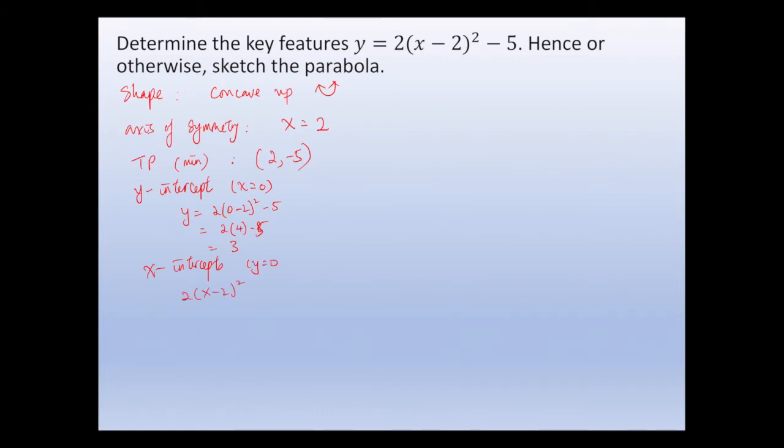This is when y equals 0. So 2(x minus 2) all squared minus 5 equals 0. 2(x minus 2) squared equals 5. (x minus 2) all squared equals 5 over 2. Therefore x minus 2 equals plus or minus the square root of 5 over 2, and x equals 2 plus or minus the square root of 5 over 2.